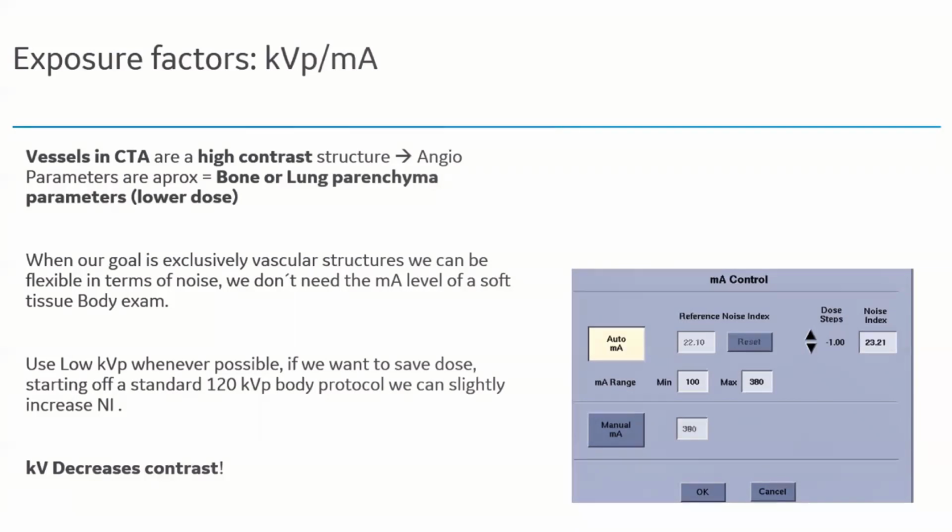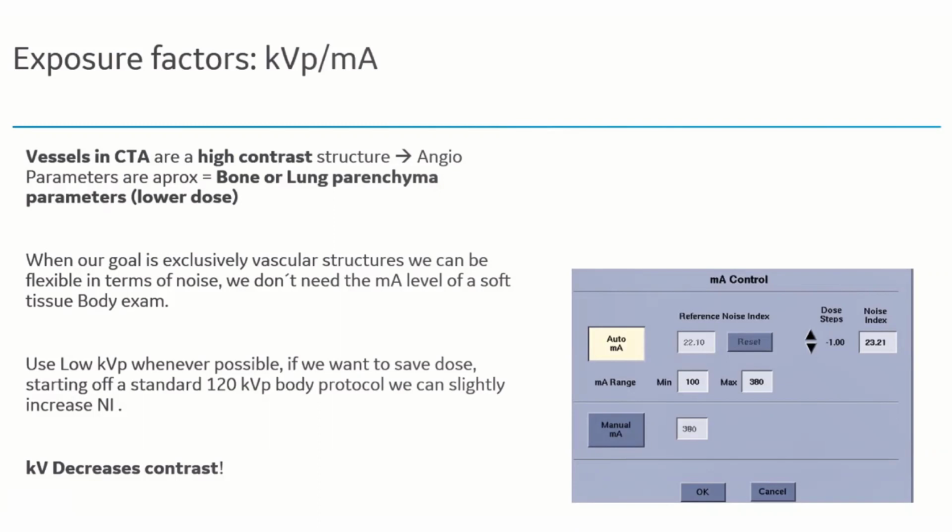So we increased the noise index to reduce the dose in this case. The noise index is 23.21. The original reference noise index for this region, let's say a lung parenchyma or abdomen study, abdomen, is 22.10, right?